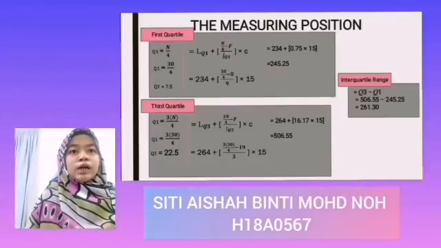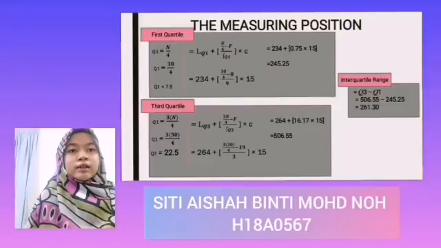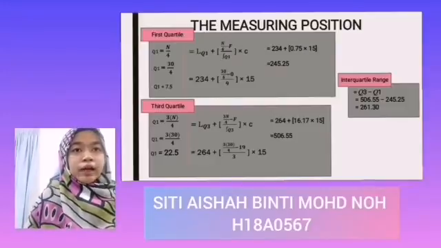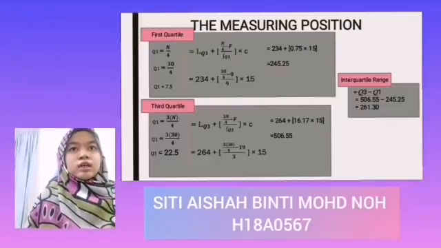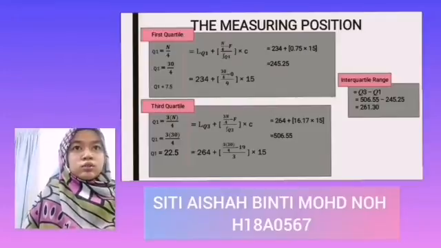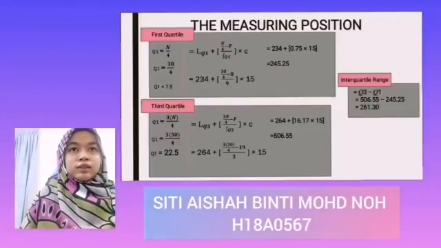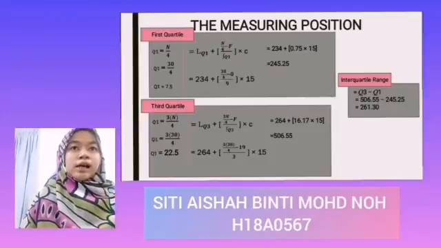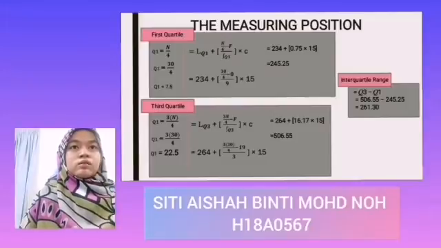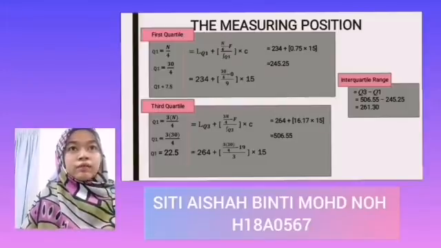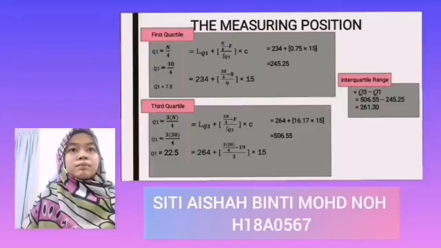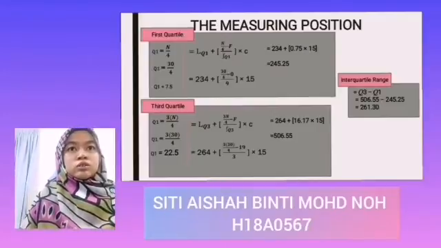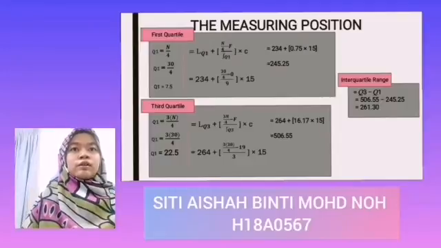We have to calculate the numbers in the bracket first, and the answer is 234 plus 0.75 multiplied by 15, and the total answer is 245.25.